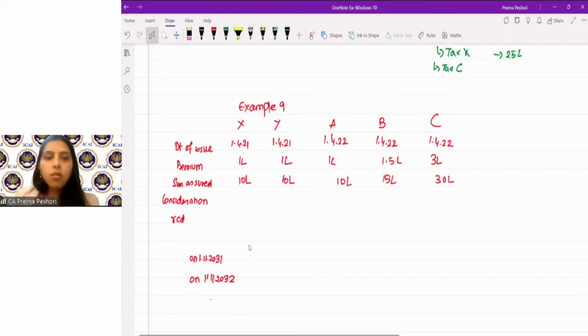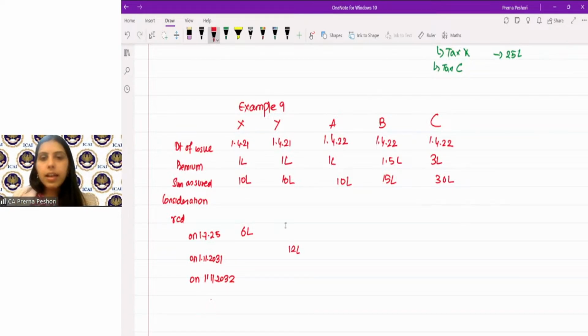Consideration received on 1/7/25 is, let's say, 6 lakh. This is, let's say, 12 lakh. And then the rest are received: 12 lakh, 18 lakh and 34 lakh. Now you have to tell me what will be the answer here.